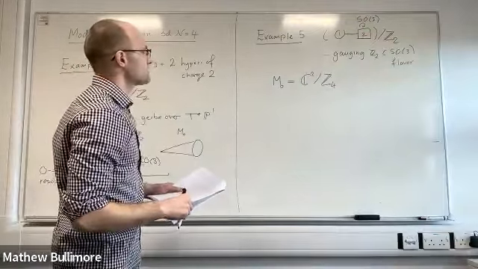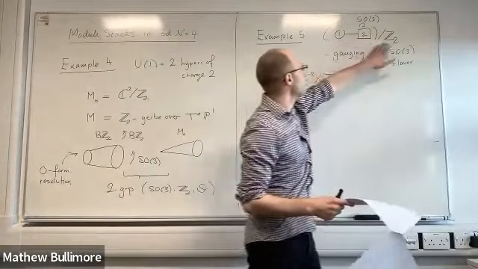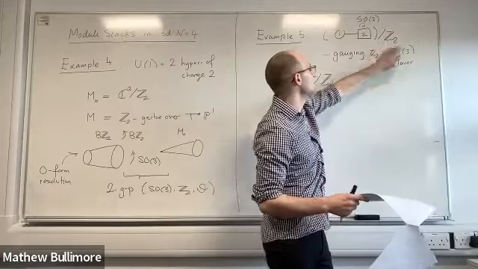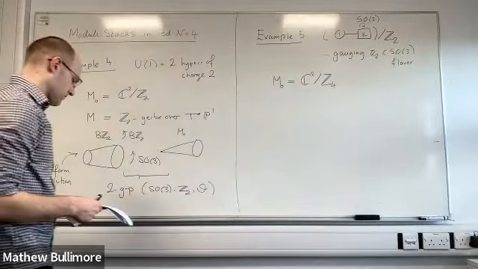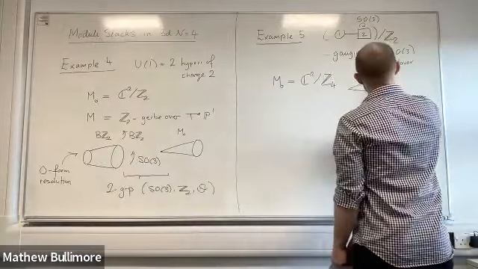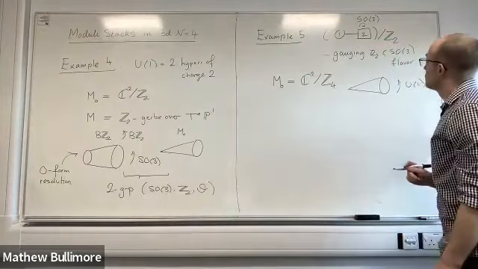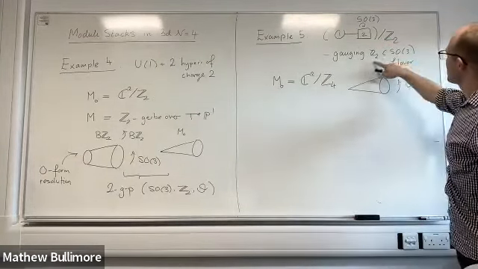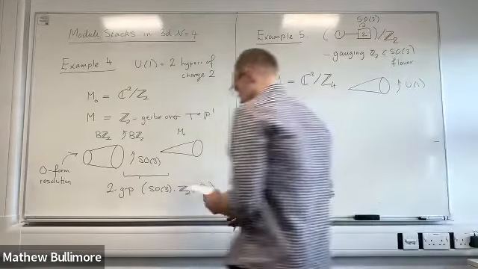One way to see that is just by looking at the local operators that you had in this theory, and then only picking those that are invariant under the Z2. So this is again a conical space, and the only thing that's left is a U1. Here you're gauging a Z2 inside of SO3, and it just kills it down to U1.